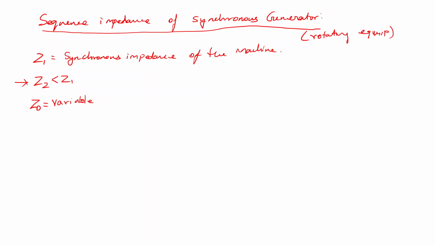For these different cases you are going to draw the sequence network. Only if you can draw the sequence network can you go for finding the fault current. So before finding the fault current, you need to understand these basic concepts. And Z0, the zero sequence impedance value for a synchronous generator, will mostly be given in the question itself.